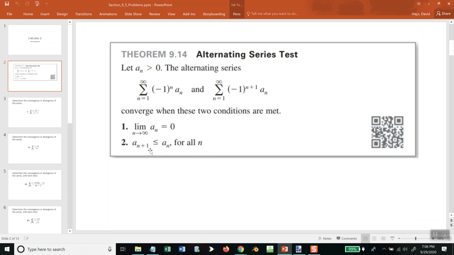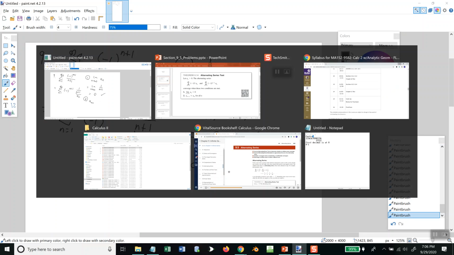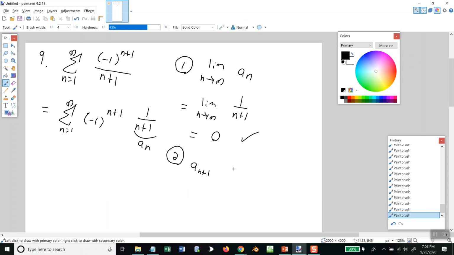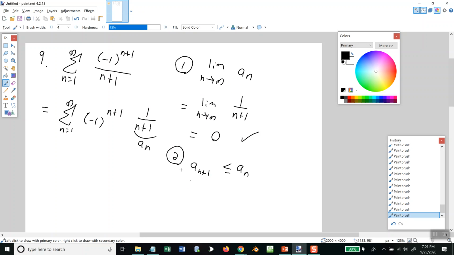Second one is that a sub n plus 1 has to be less than or equal to a sub n for all n. Well, if I were to take this n plus 1 and plug it in for the n here, I'm going to have 1 over n plus 1 plus 1, and this is a question mark.